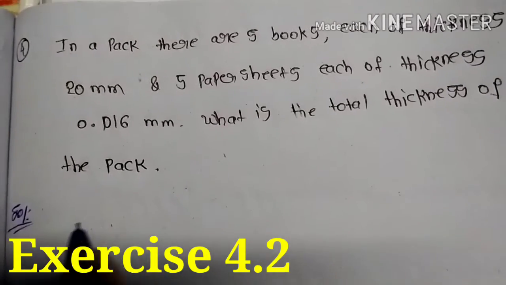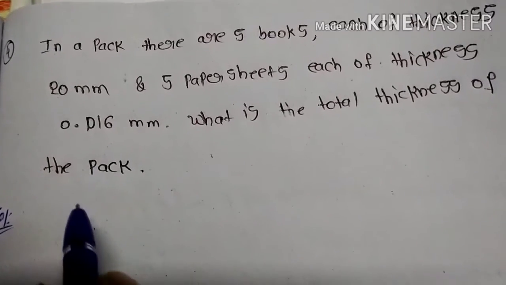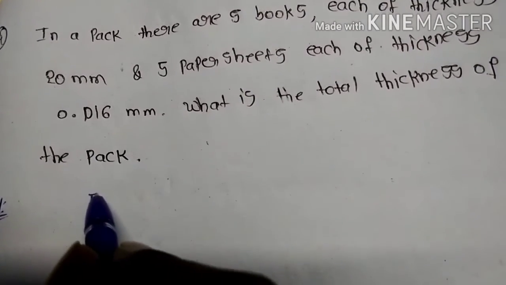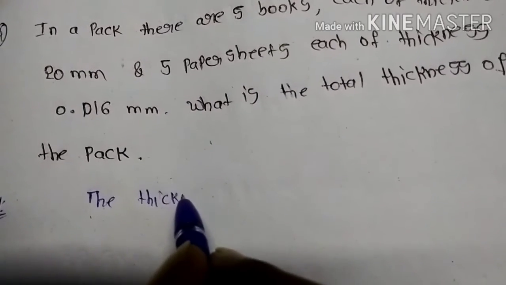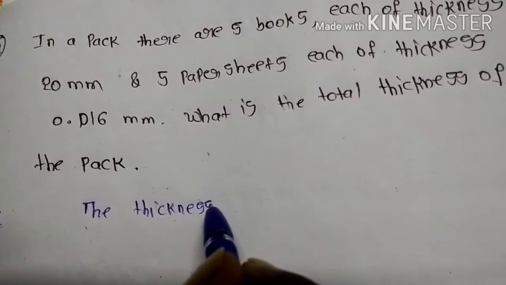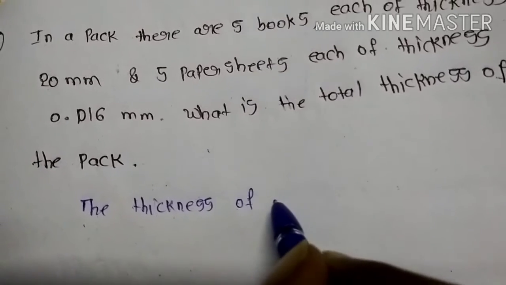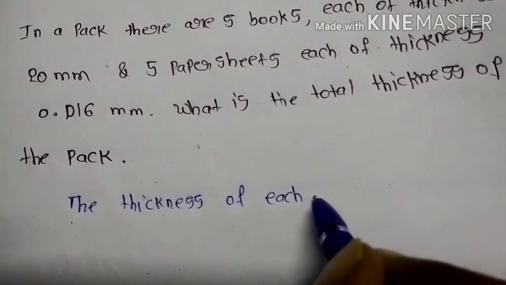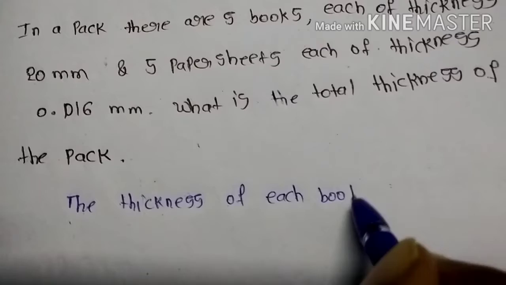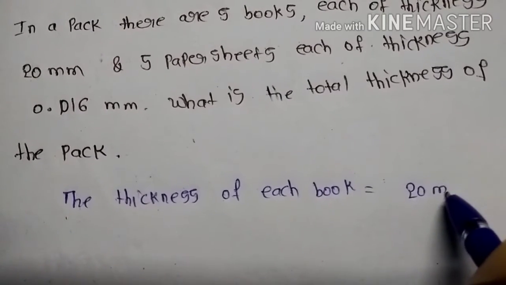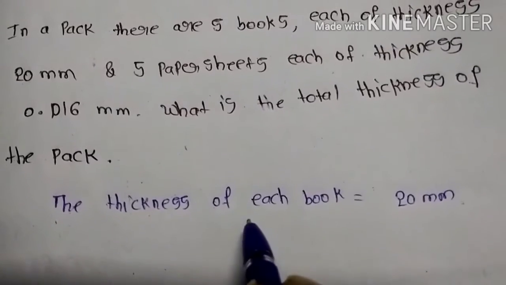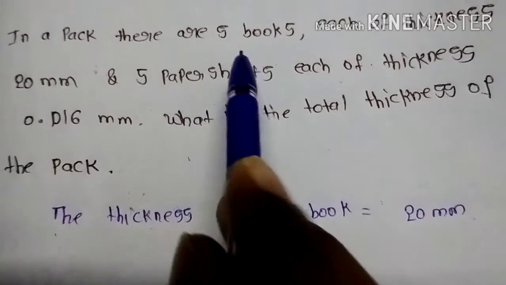First of all, I am writing here the thickness of each book. Each book is how much? 20 mm. See here, how many of these books are available in this pack? 5 books.